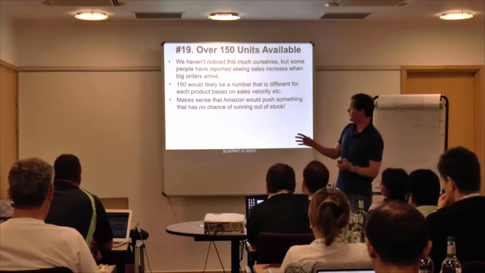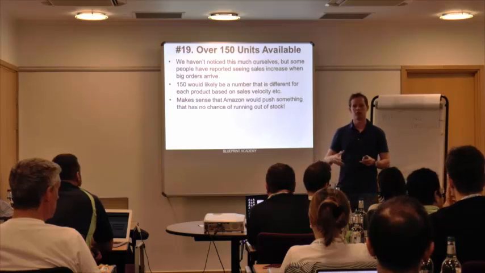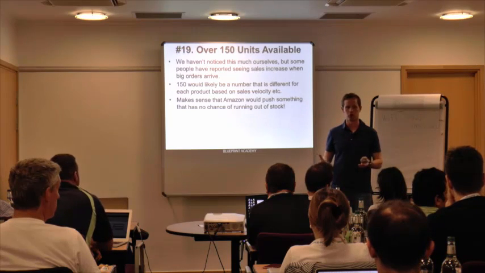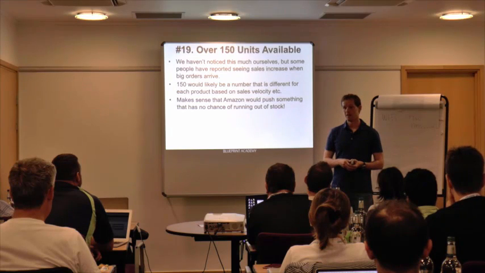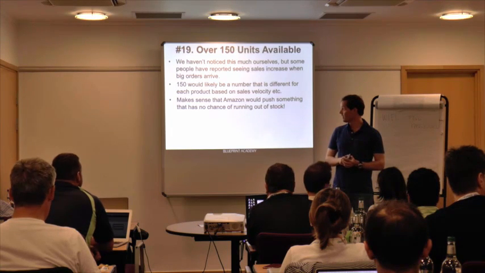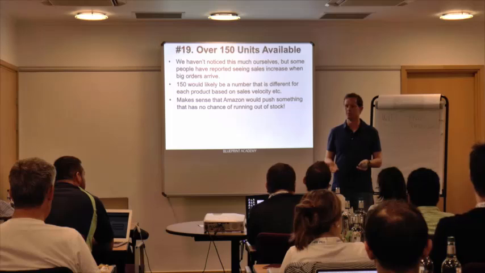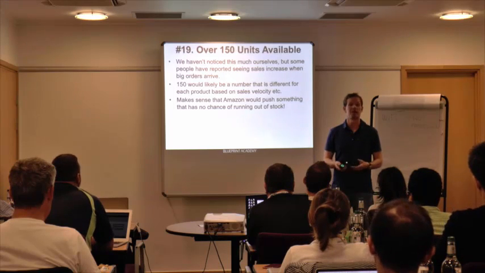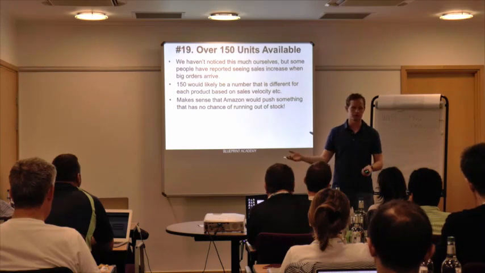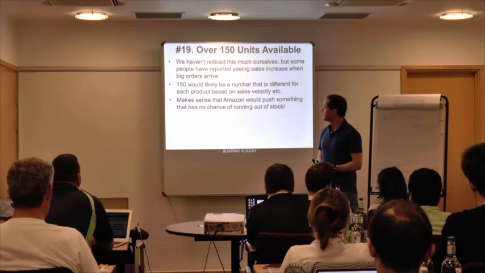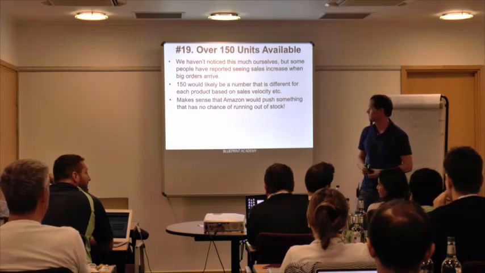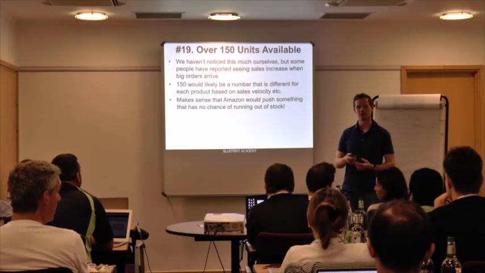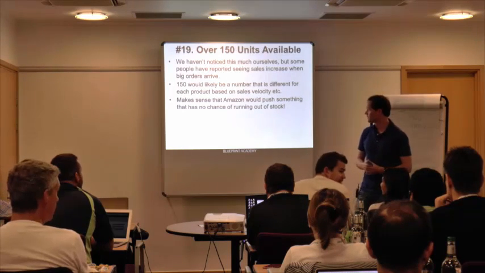So the idea is that if you've got a huge amount of stock available in Amazon, then Amazon will give you a bit more of a boost in the rankings and you'll actually make more sales because Amazon knows you've got a lot of stock there. 150 would likely be a number, but that's different for each product based on the sales velocity and all that stuff.